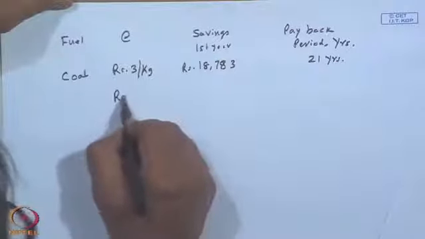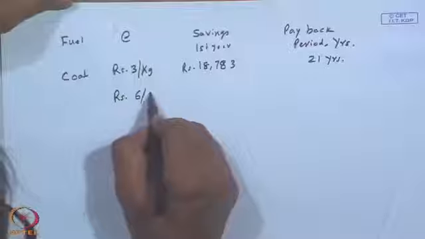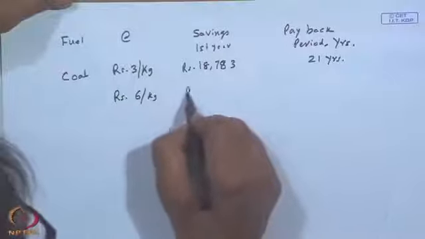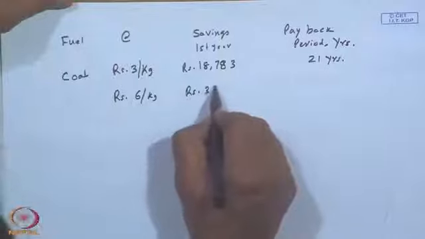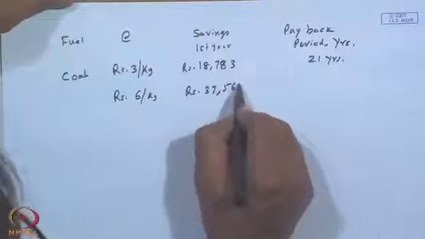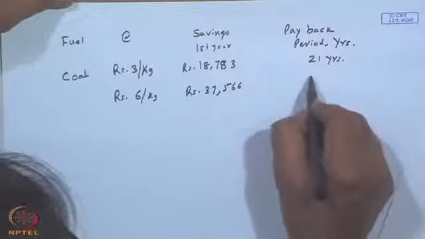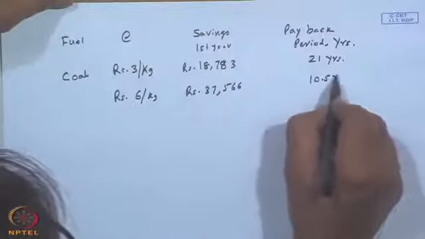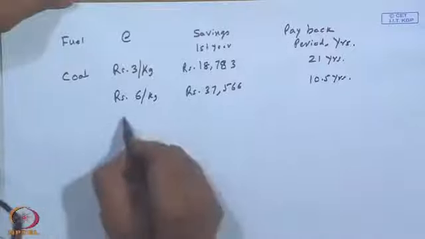At Rs 6 per kg this comes to double, 37,566, and this becomes half, 10.5 years.